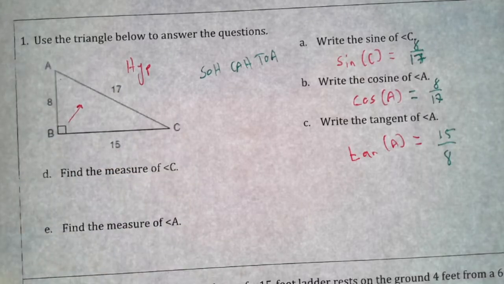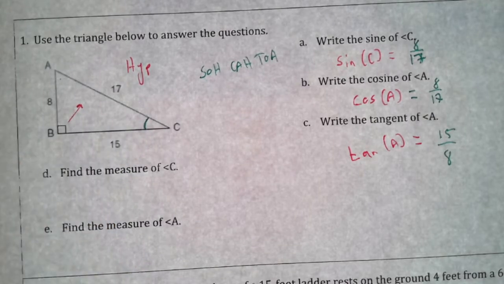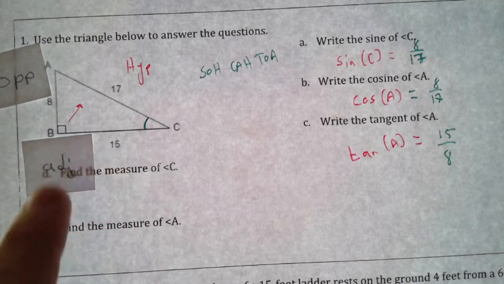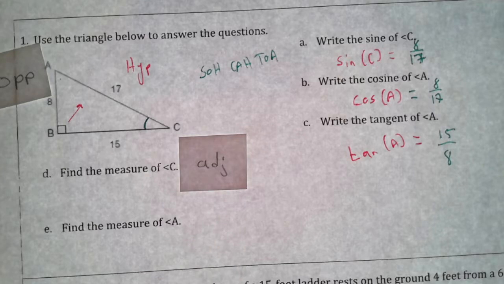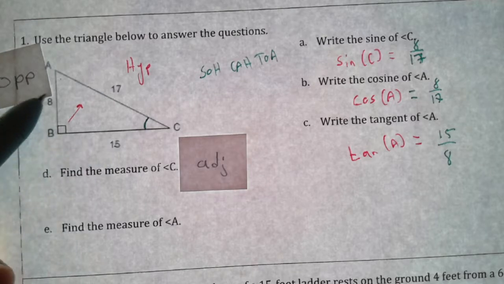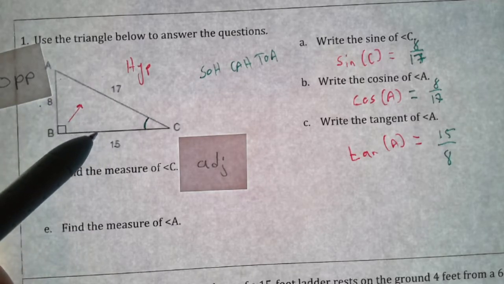Next, I want to find the measure of angle C. So again, I'm using angle C over here. My new opposite is back up over here by the 8. My adjacent is the 15 over here. To find the measure of angle C, I have all of these sides. I can use whatever I want. Because I have adjacent and opposite and hypotenuse, I can choose which one I like the most.